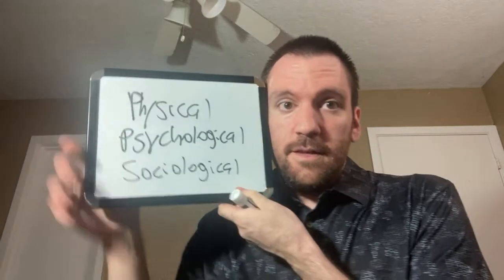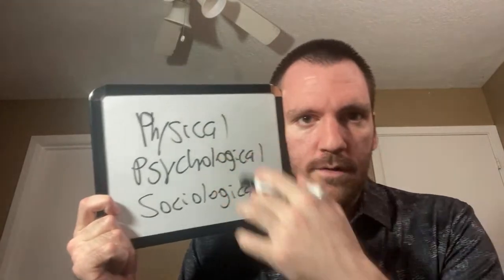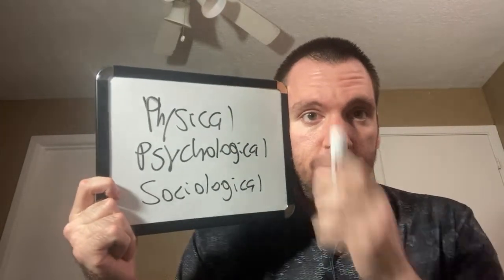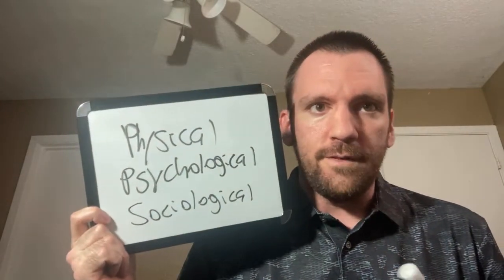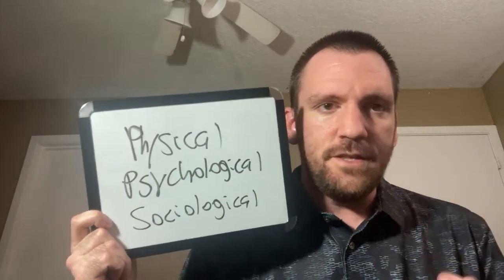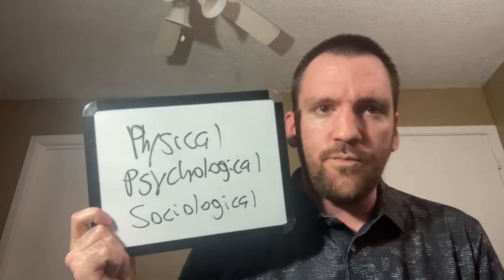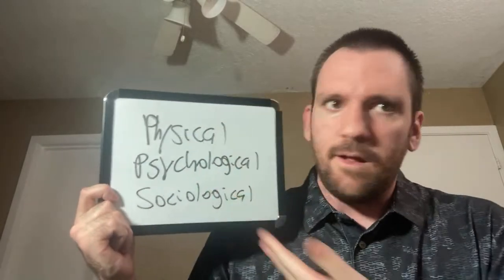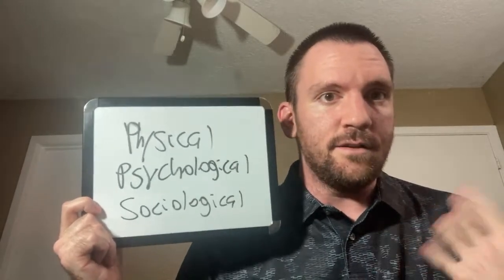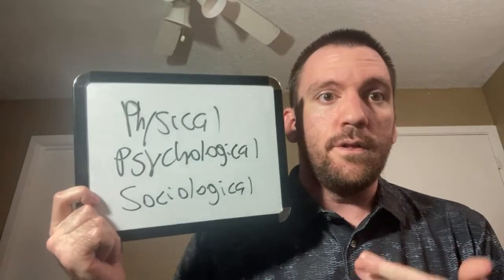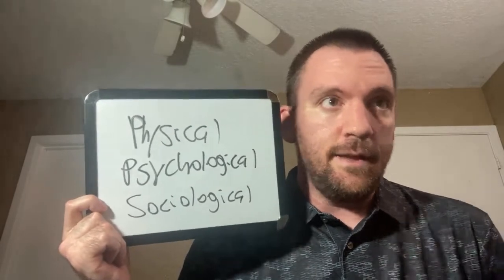So, this is Egri's 3 parts to the character bone structure: the physical, the psychological, and the sociological. The physical counts for not just their physical traits, but also their style of dress, what we see of the character. The psychological, which we are going to cover in a second, represents their mindset, their personality, their values, and their sociological is their place in society.